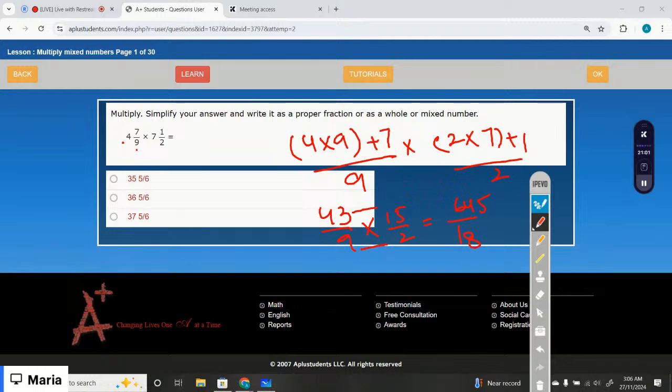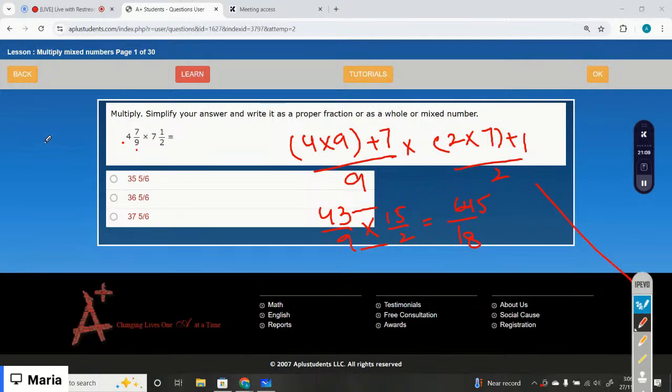You have to divide now 645 by 18. 645 divided by 18. 18 times 3 is 54, so you can go for 18 times 3.